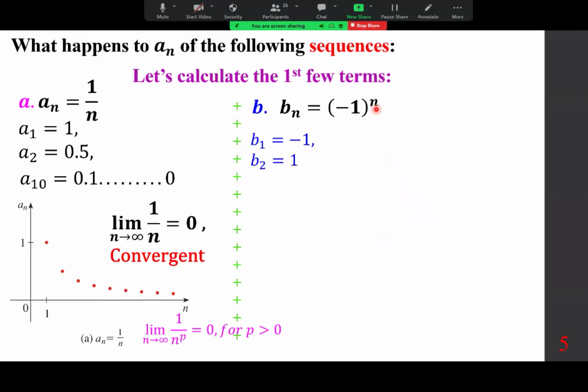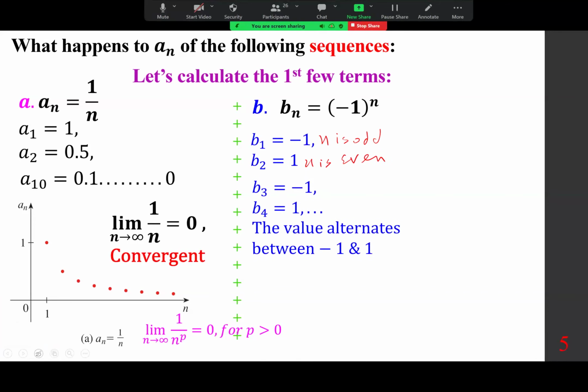When n is odd, I get negative 1, and when n is even, I get positive 1.